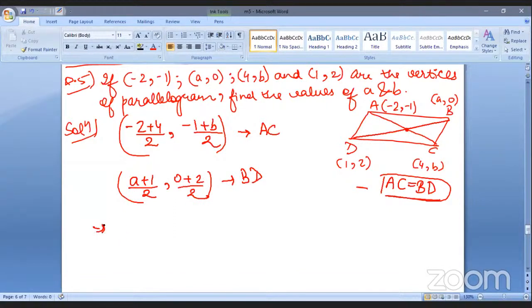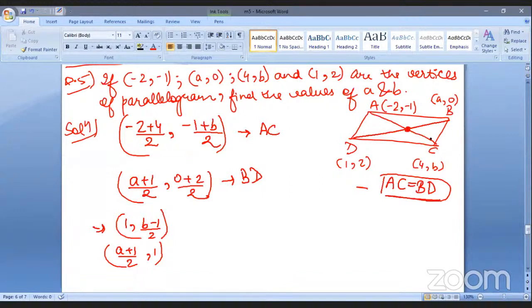So we got from here, this will be 1, comma, B minus 1 by 2, and A plus 1 by 2, comma, 1. Now we can equate them, because we are finding the midpoint.